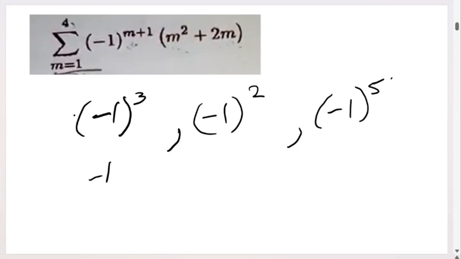So when you are calculating this question, here you're going to have negative 1, here you're going to get positive 2, here is going to be negative 1, and then let's say you've got another one, negative 1 to the power 4. 4 is an even number, so it's going to be positive.